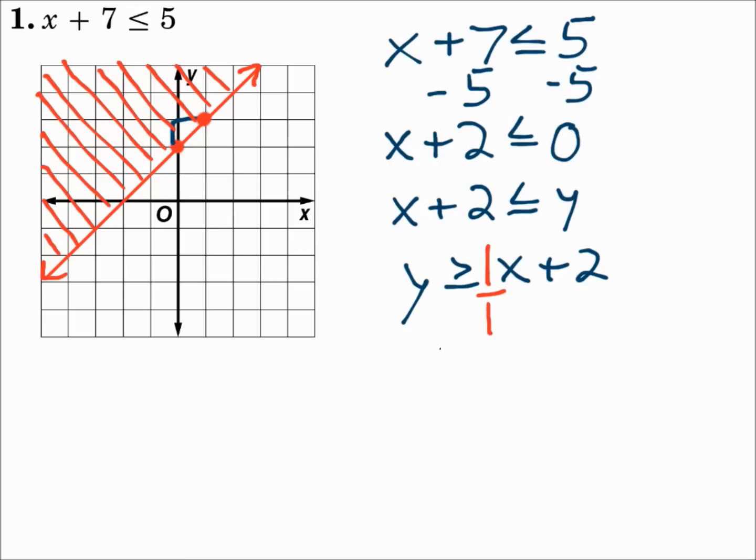At the borderline, that's going to start right there at -2. It's a solid circle because the line is a solid line, so we include -2. And then everything to the left of that. So that's everything less than or equal to -2.